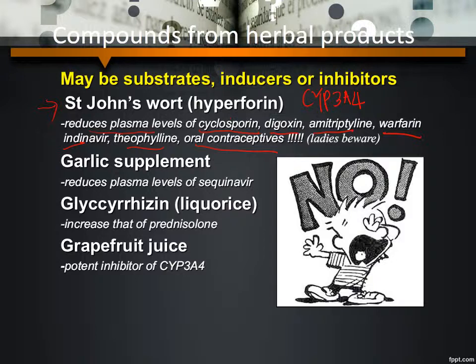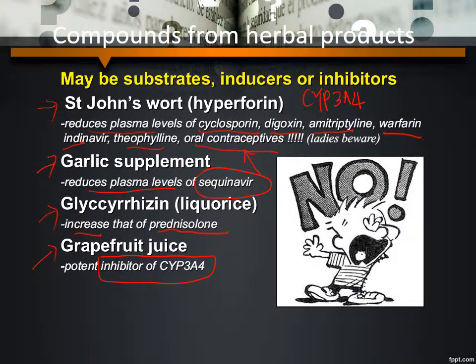Imagine if you have reduced oral contraceptive, it may cause the OCP to be ineffective. Another example is garlic supplement, which can reduce the plasma levels of saquinavir and antiviral drugs. Licorice increases the prednisolone level, and grapefruit juice is a potent inhibitor of CYP3A4.